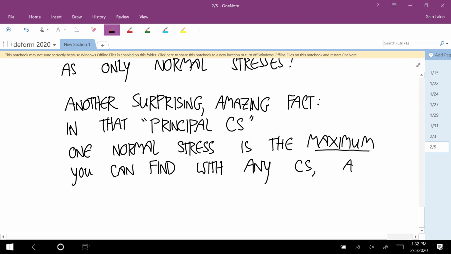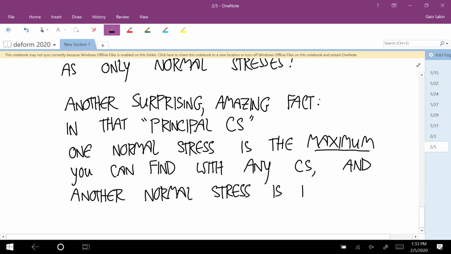And another one is the minimum you can find with any coordinate system. Another normal stress is the minimum that you can find with any coordinate system.